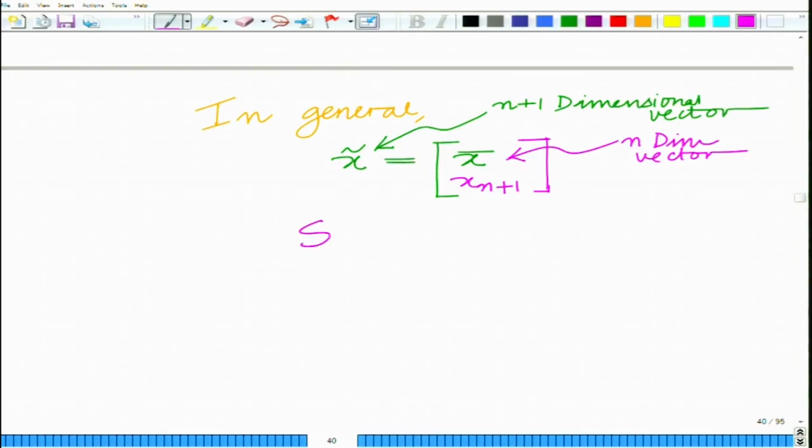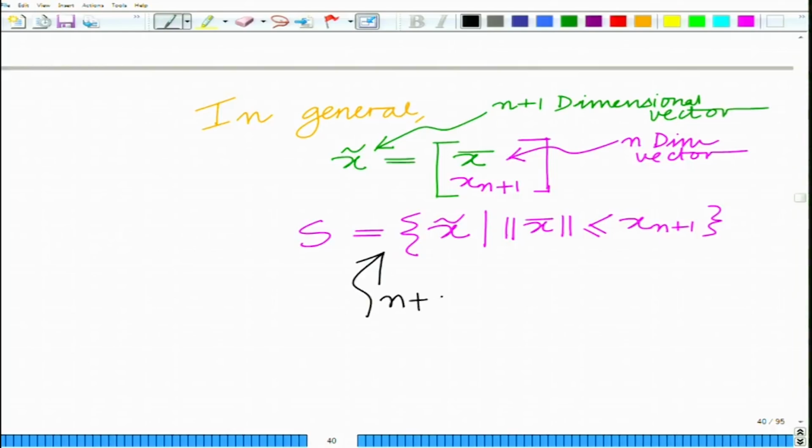Now, if you consider the set S of all vectors x tilde such that norm of x bar is less than or equal to x of n plus 1, this represents an n plus 1 dimensional norm cone.